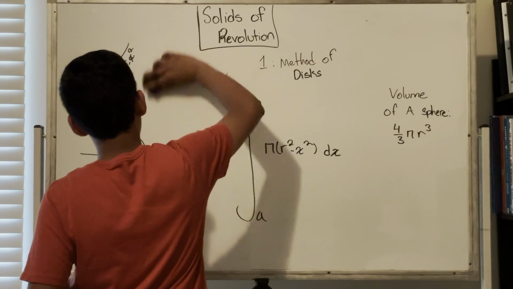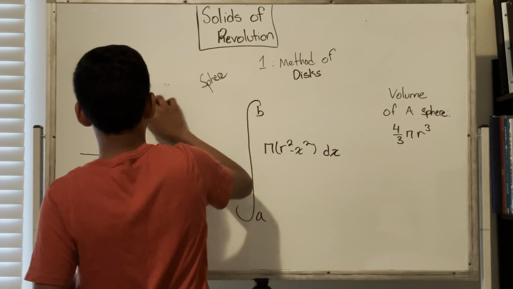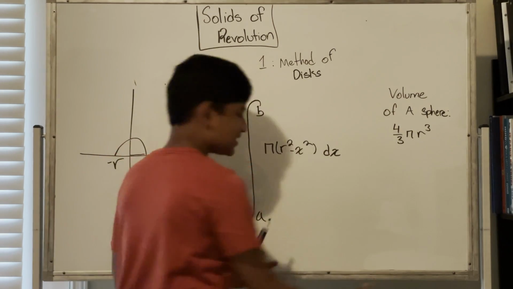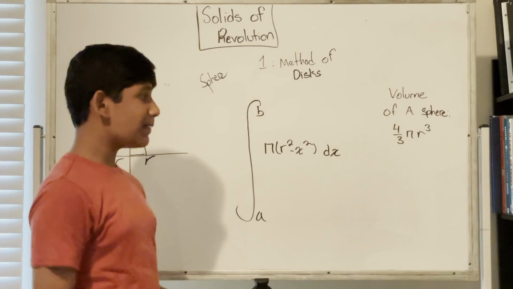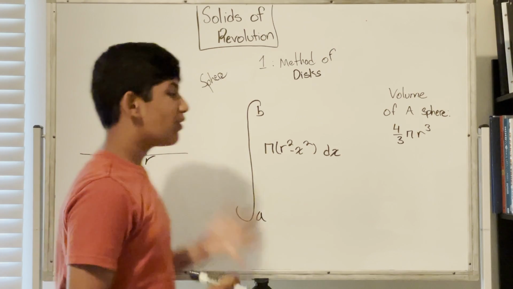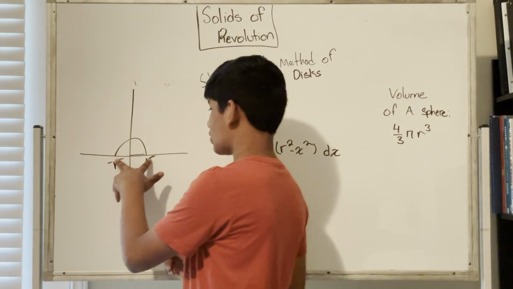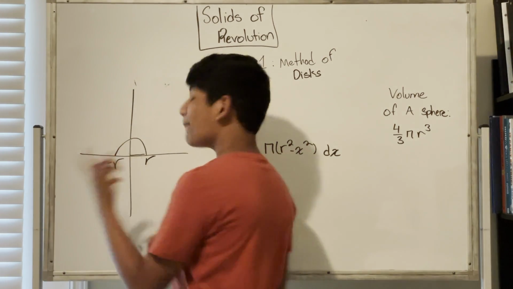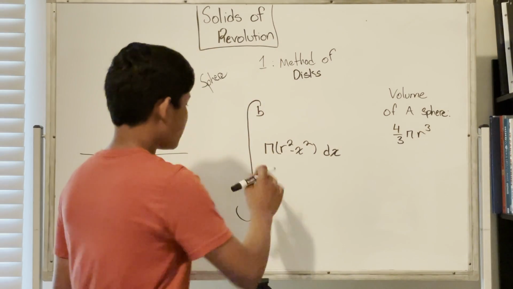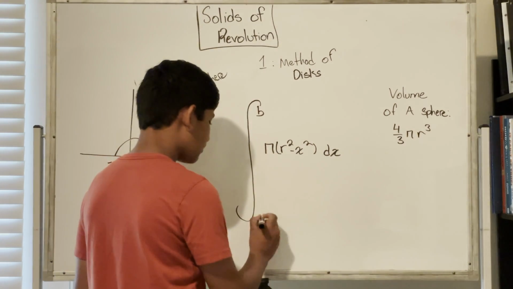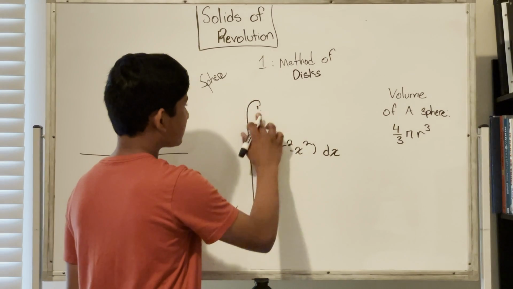Now that we've got that, we just have to find the limits. So what are the limits? Well, obviously the limits are the endpoints of the semicircle, and they're r and minus r. So we can replace this with minus r and replace this with r.